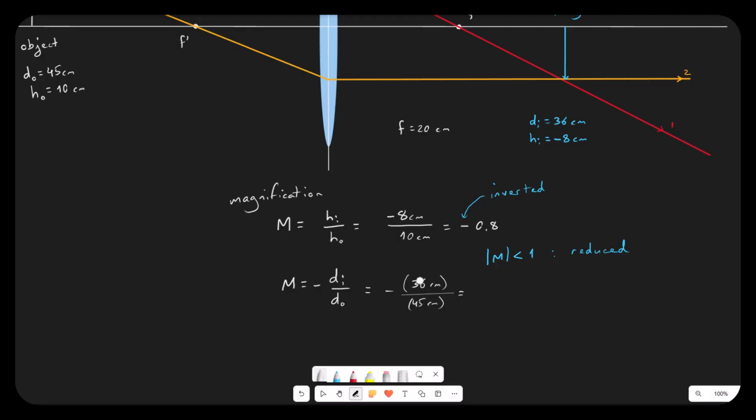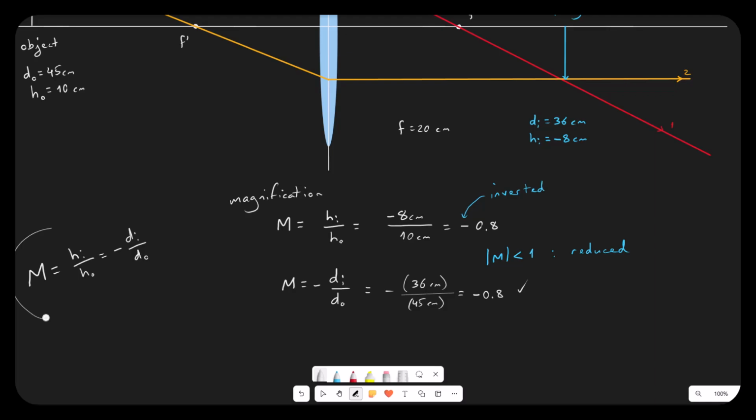The 9's cancel, so I'm left with 4/5, which is 0.8, and I've got that minus sign, negative 0.8. This checks out. This magnification equation is one that we'll use quite a bit. Height image over height object, or negative d image over d object.